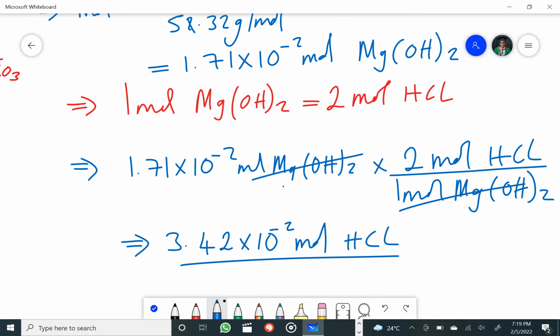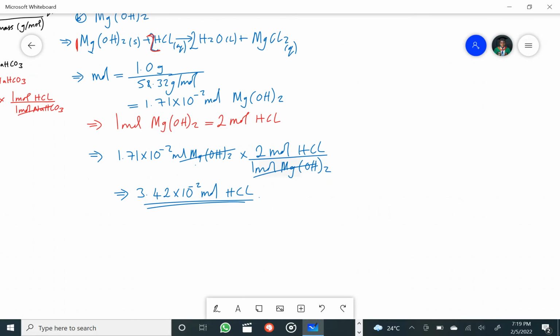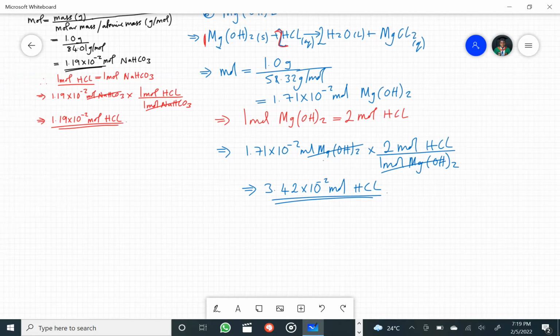So now the question remains, when you look at these particular compounds, okay, let me bring them like this.